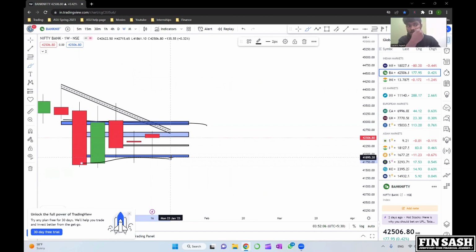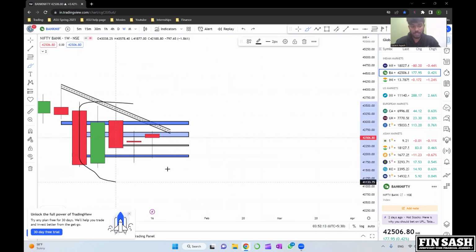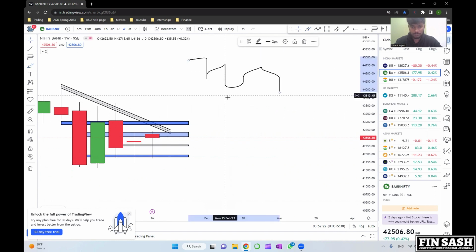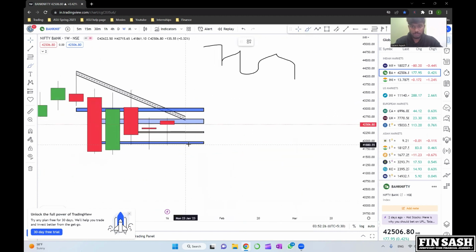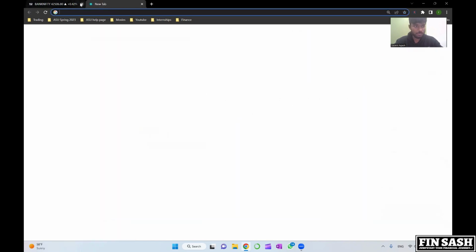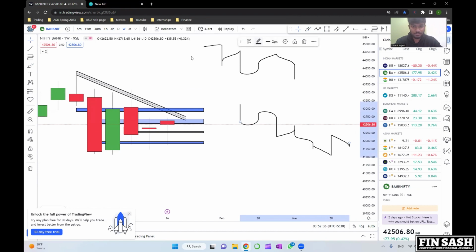So Bank Nifty is in a bearish trend, but right now it's also sideways. What that means is basically the market's doing this, right?